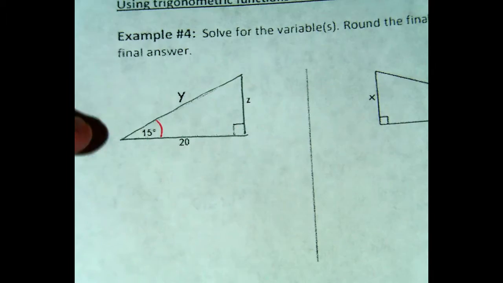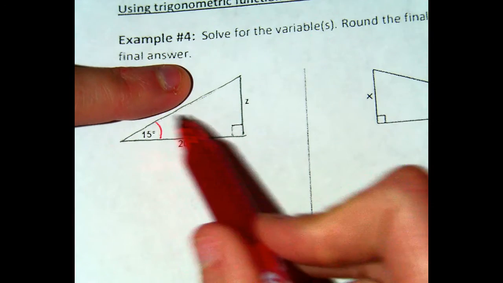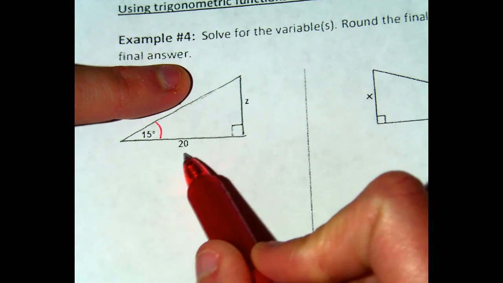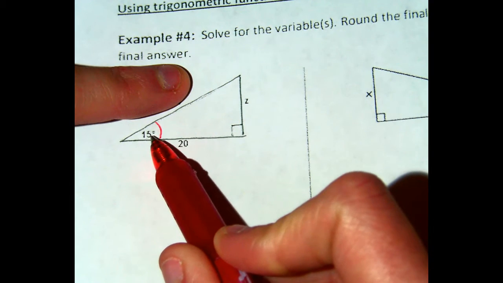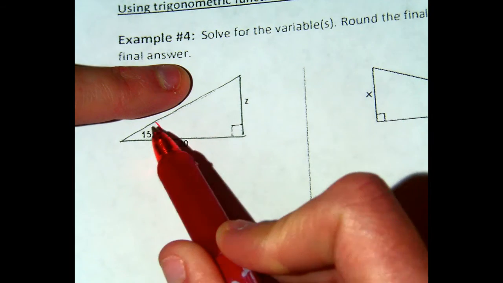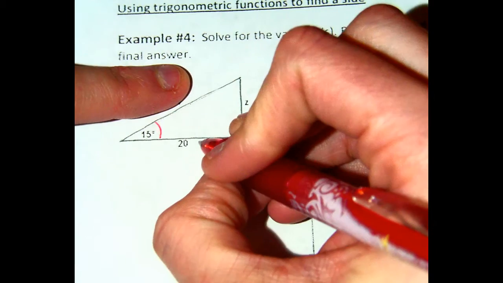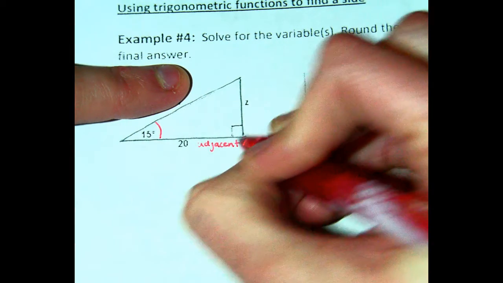Here is what I need to know. I don't care about Y right now. So I'm finding Z. I have an angle, and I have this side, and I'm looking for this side. If I'm looking specifically at this angle, the one that's given to me, what is 20 compared to that angle? That is adjacent, okay? I'm just writing that for the benefit of those who have not done this before.